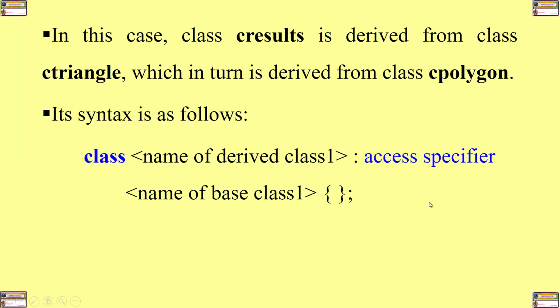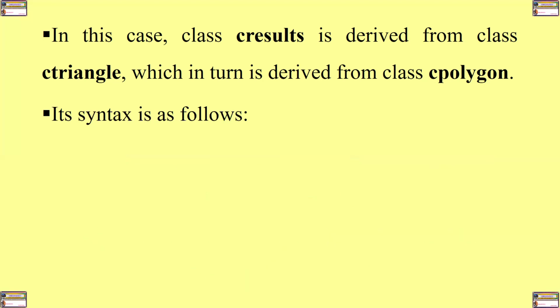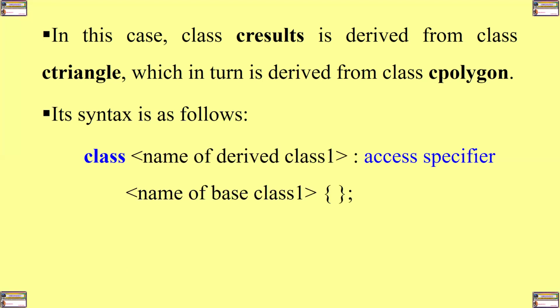We have the reserved word class followed by the name of derived class 1. Then we have the colon, access specifier, followed by the name of base class. And then, of course, we can write the definition within the opening and the closing braces.